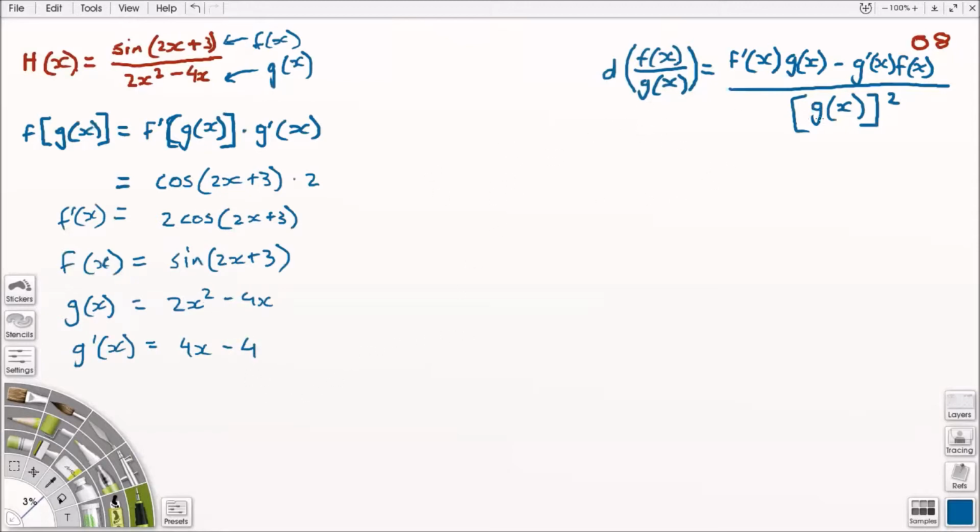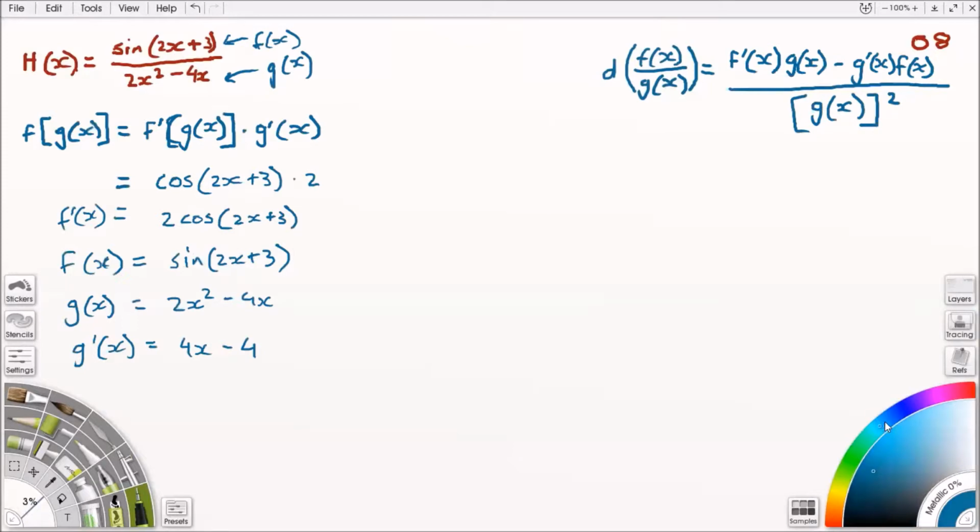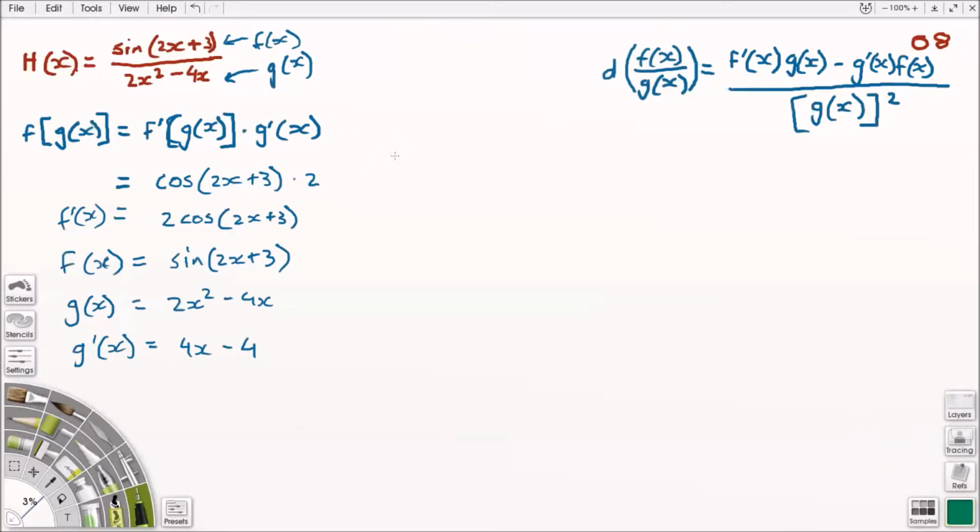Right, and I think since we've got all this sine and cos, we're going to need a bit of space. So we don't get mixed up, let's use a different color. Move this down.